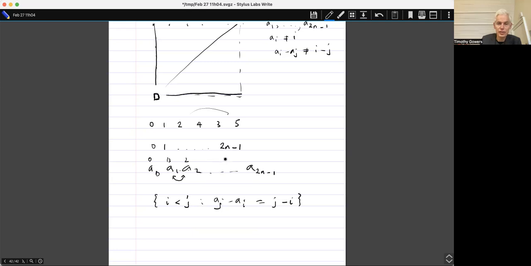And then any r such that a_r minus a_2 equals r minus 2 will also lose that pair.